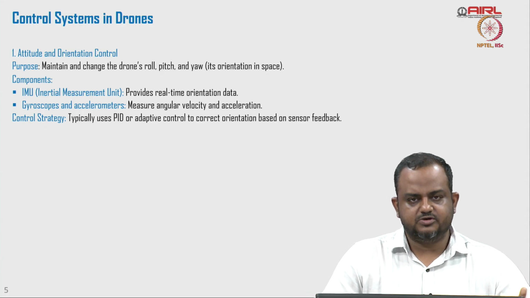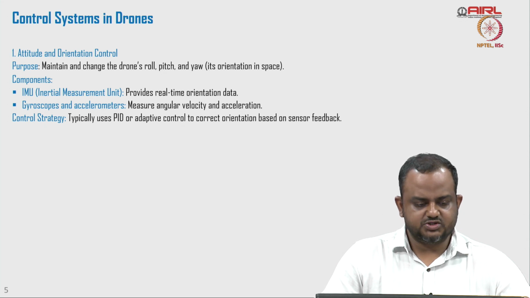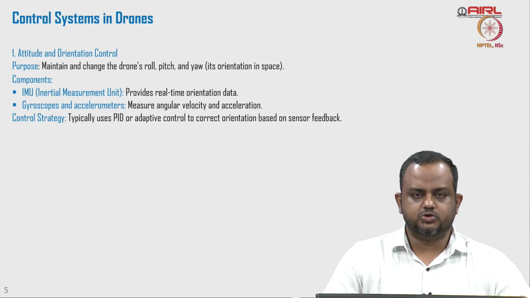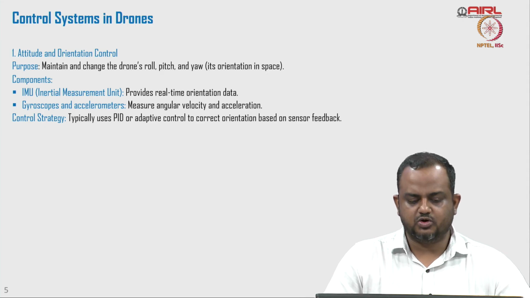You know these angles because you have already gone through some previous lectures. So, roll, pitch and yaw define the orientation of the drone in space. There are sensors like the IMU, gyroscopes and accelerometers which provide real time orientation data, angular velocity and acceleration. Typically there are control designs called PID control or adaptive control to correct orientation based on this sensor feedback.